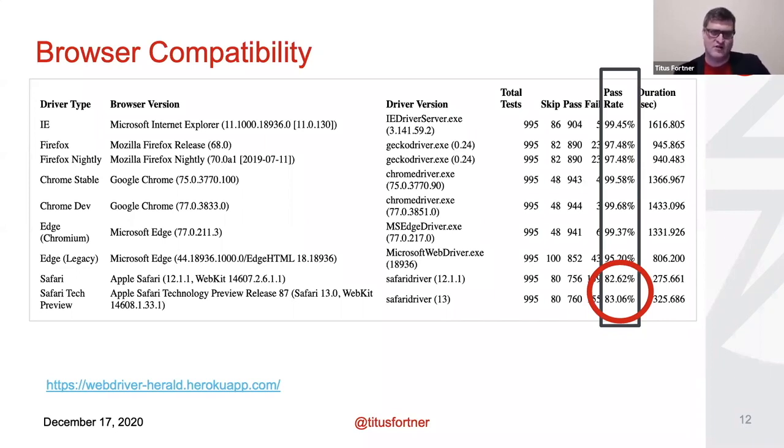So there are things in Safari that you just can't test because the driver won't let you. So it's not your test code. It's not that it doesn't work in the browser. It's that the driver struggles to provide the functionality that you need in order to evaluate that. And they've gotten a lot better. There's work that's been done on a lot of these things, but realize the rest of the browser vendors have done a pretty good job getting this figured out. And Safari is still a little bit behind.